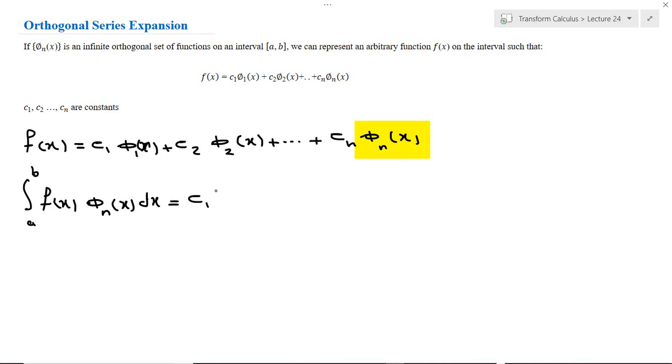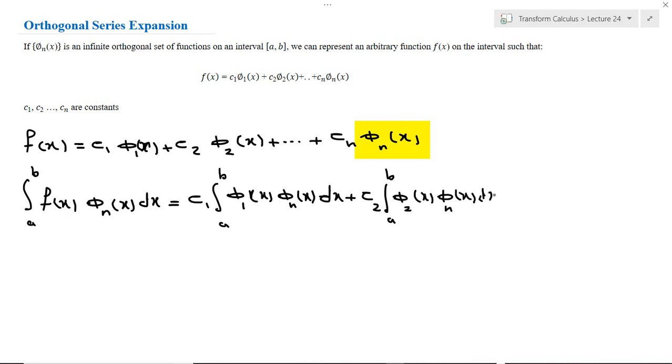So here in the right hand side, I have c1 integral from a to b phi 1(x) phi n(x) dx plus c2 integral from a to b phi 2(x) phi n(x) dx plus up to cn integral from a to b phi n(x) times phi n(x), which is phi n(x) squared, dx.